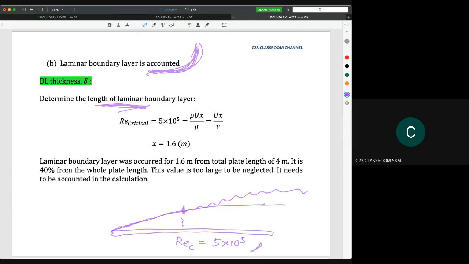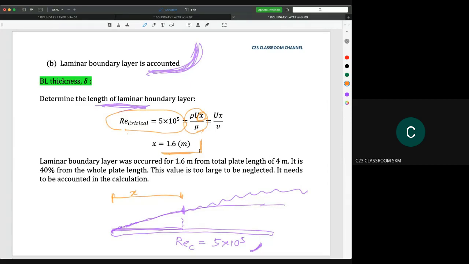So we will use this Reynolds critical, and we can know the value of this length here. So we reverse the calculation. We know the Reynolds number is 5 times 10 to the power of 5, and it is equal to rho u x over mu. So then we can calculate the value of x here, which is equal to 1.6 meter.